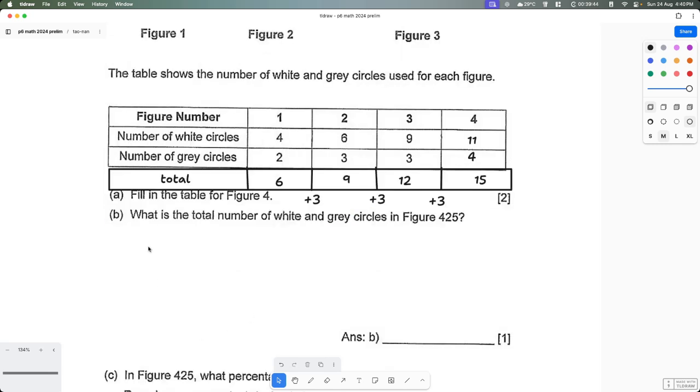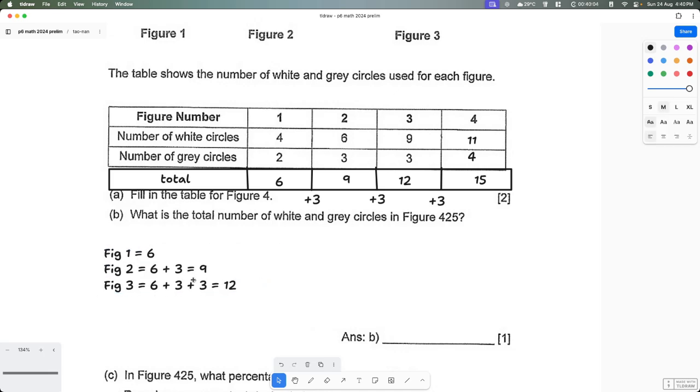Figure 1 is equal to 6. Figure 2 is equal to 6 plus 3, equal to 9. Figure 3 is equal to 6 plus 3 plus 3, which is equal to 12.